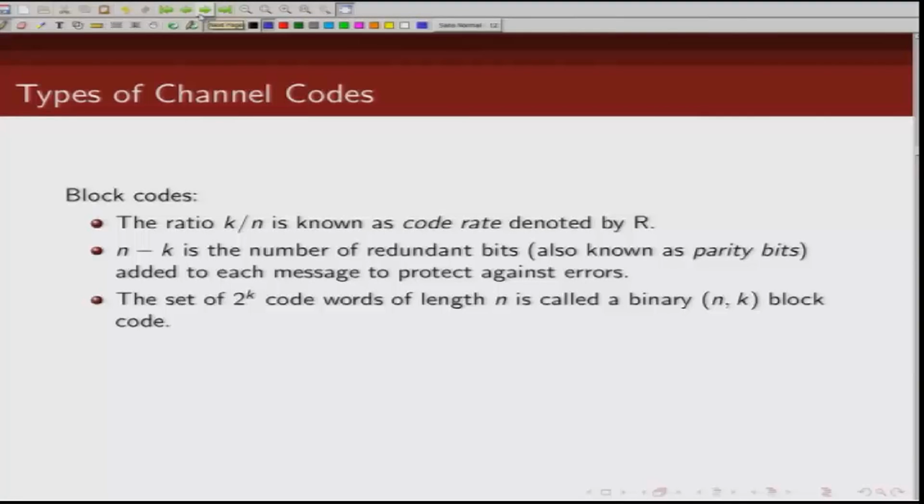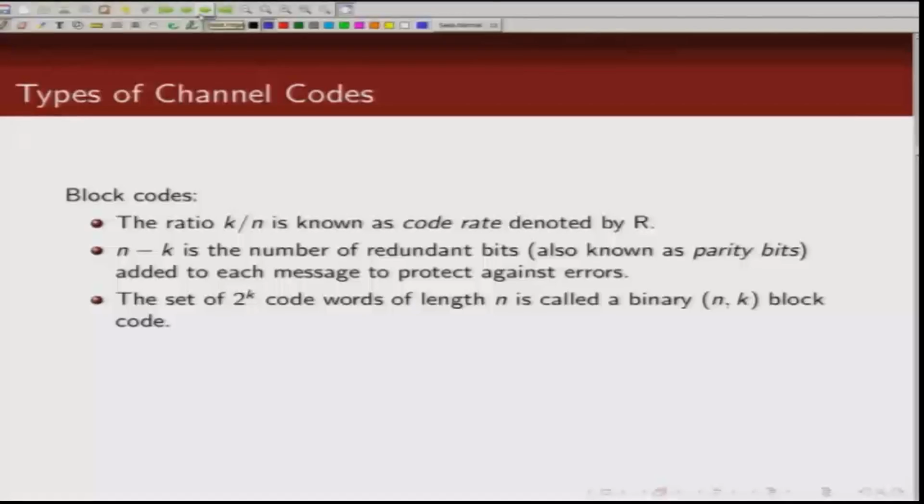Without loss of generality, in this set of lectures we will consider binary code words. So our information sequence consists of zeros and ones. Similarly, our code sequence also consists of zeros and ones. Since we are considering a block of k bits and binary code words, the number of code words is 2 raised to power k.